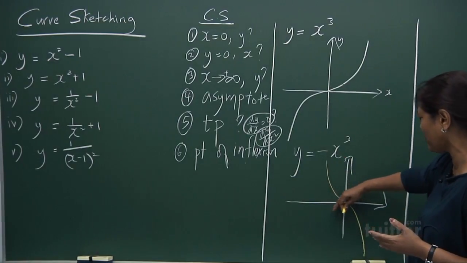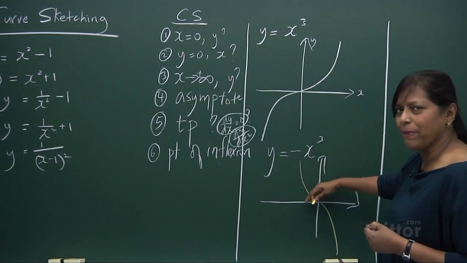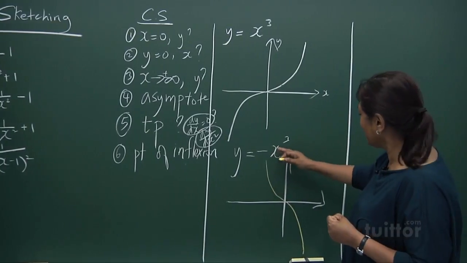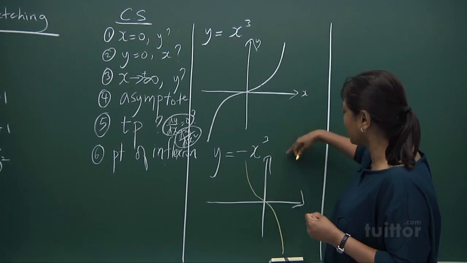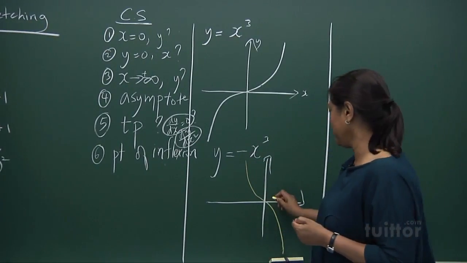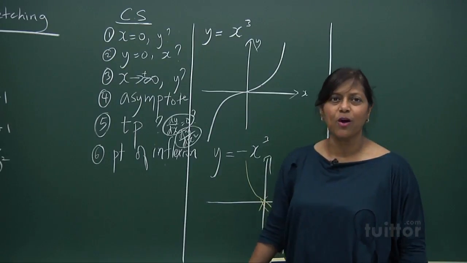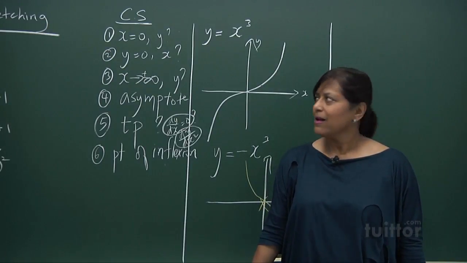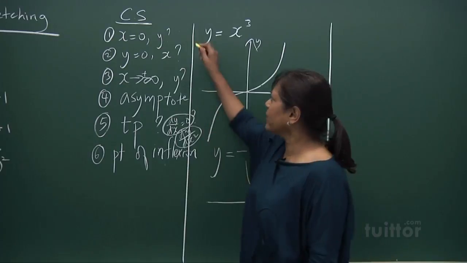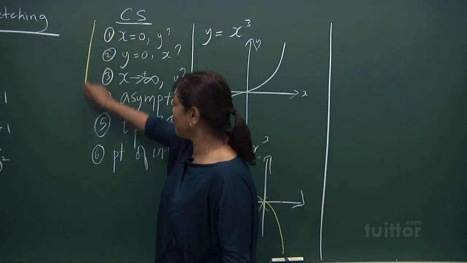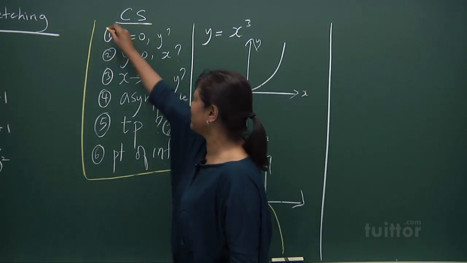As x goes this way, y is dropping. So you see that it's supposed to turn, but it did not. And this is called the point of inflection.